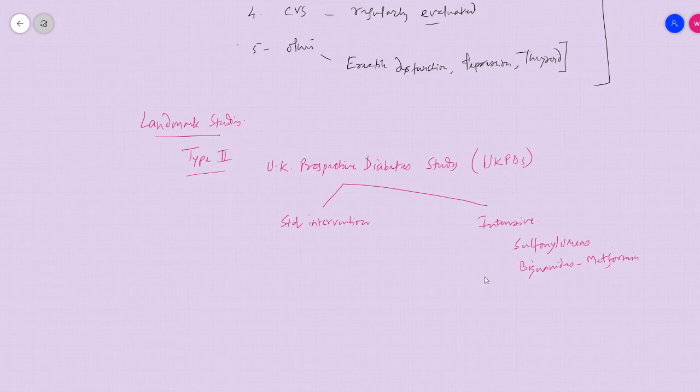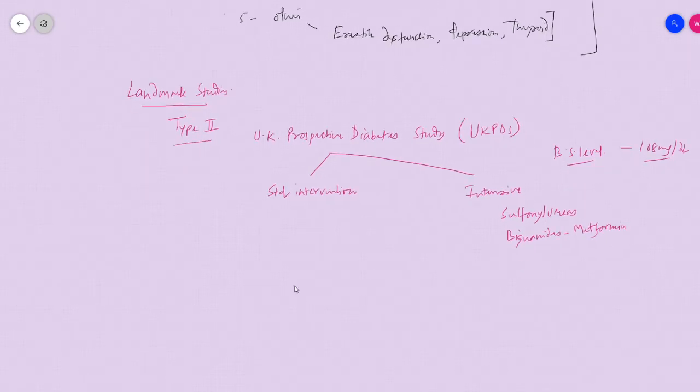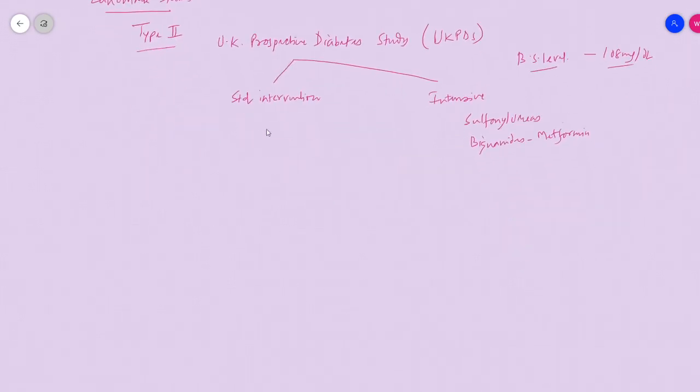Again, the dose was adjusted in such a way that the target blood sugar level was 108 milligram per deciliter in the intensive arm of the trial. So what was the standard intervention? The standard intervention was lifestyle intervention. What is lifestyle intervention?